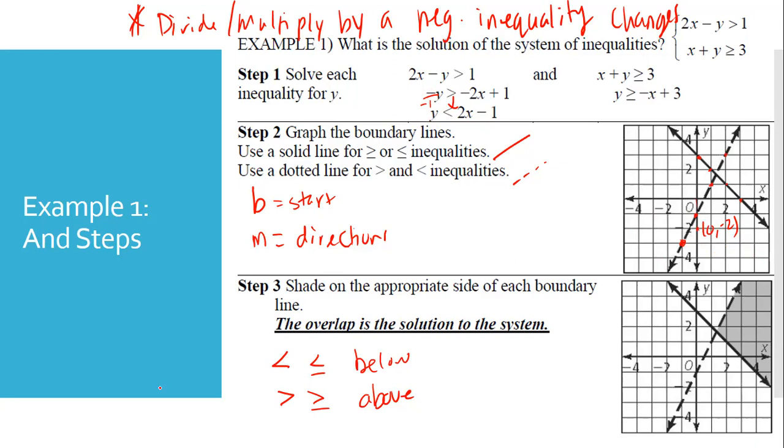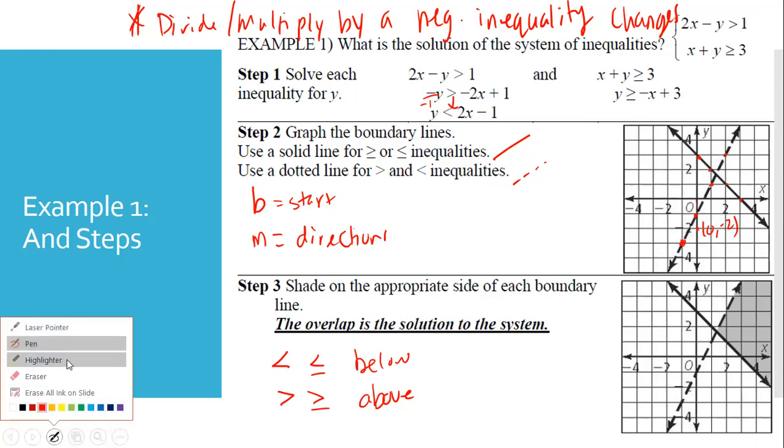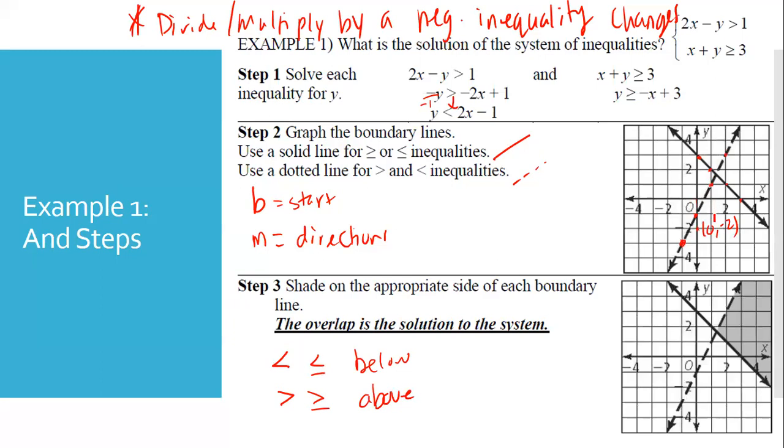I'm going to switch to my highlighters. If you don't want to use a highlighter, you can always use the horizontal vertical line method, which I will also model with the highlighters. Because I know I'm shading below this line, I'm going to shade below the line.